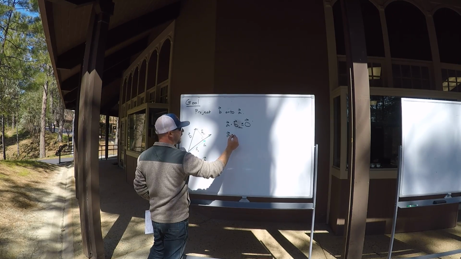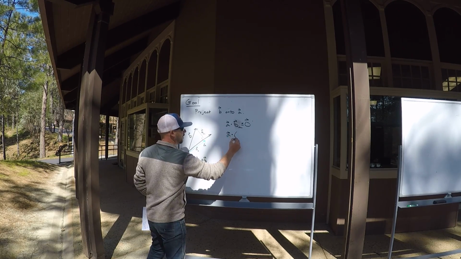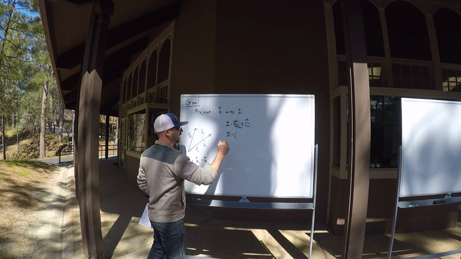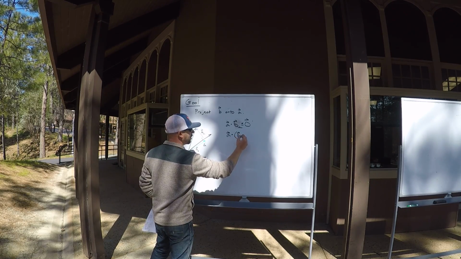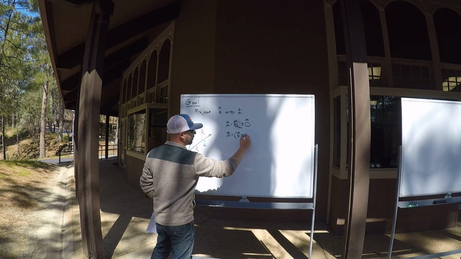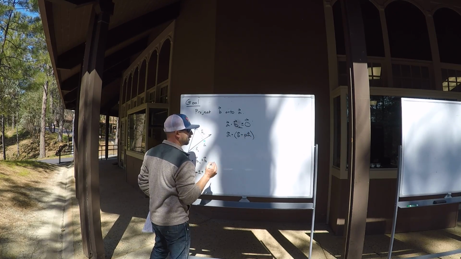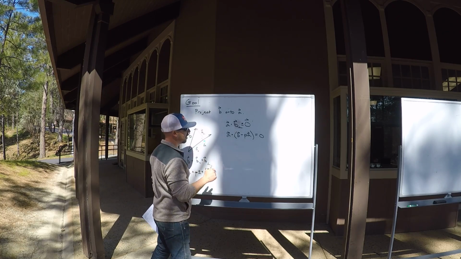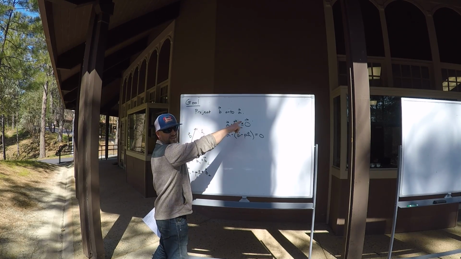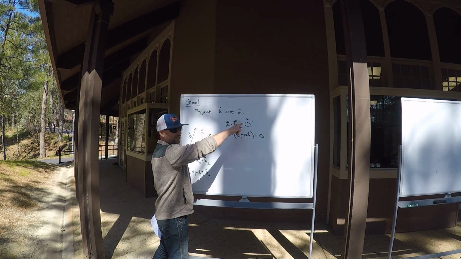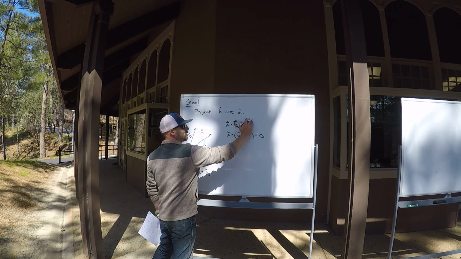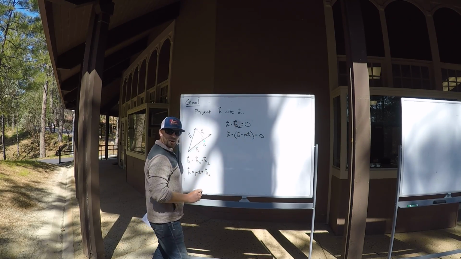I've got A dotted with, and B perpendicular is going to be regular B minus PA. So regular B minus PA. This is going to equal 0. It's the zero vector. It's the one-dimensional zero vector, otherwise known as a zero scalar.